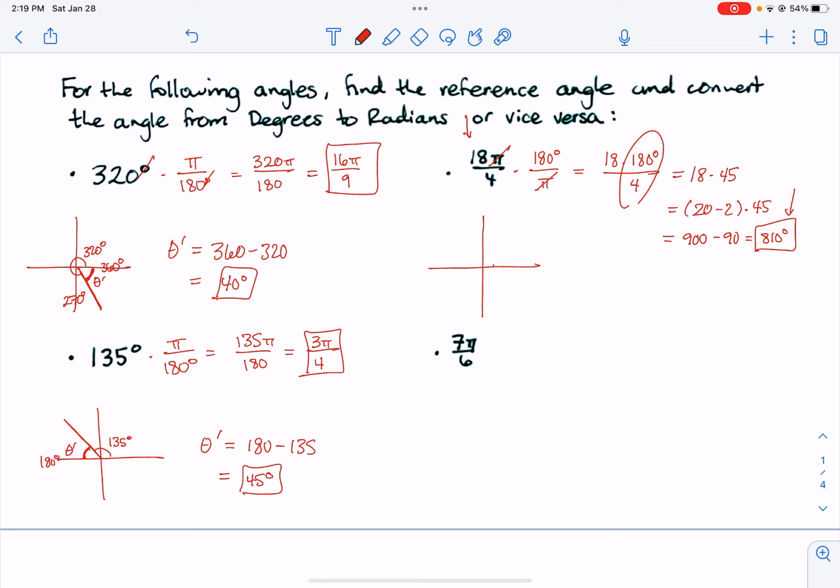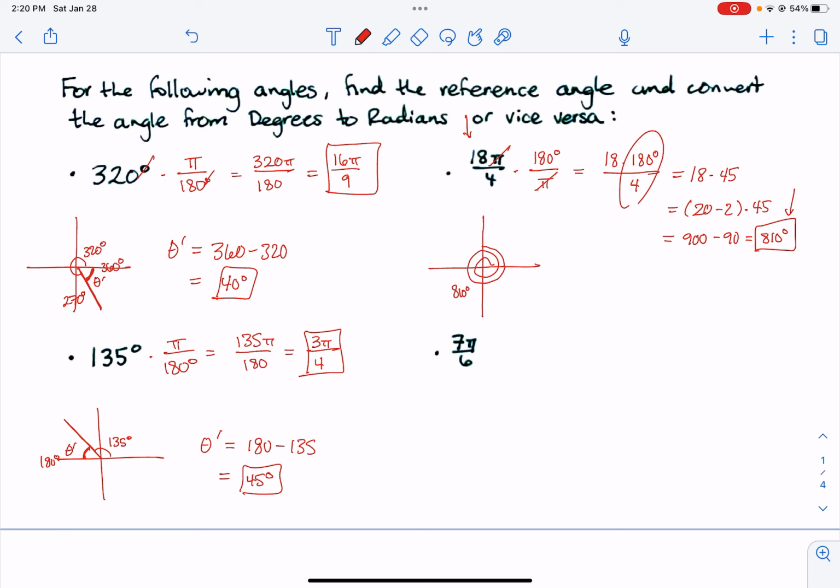If I go around 1, 2, that's 720. 810 is 90 degrees bigger than that, so that's going to go all the way to this angle line. So that whole thing is 810 degrees.